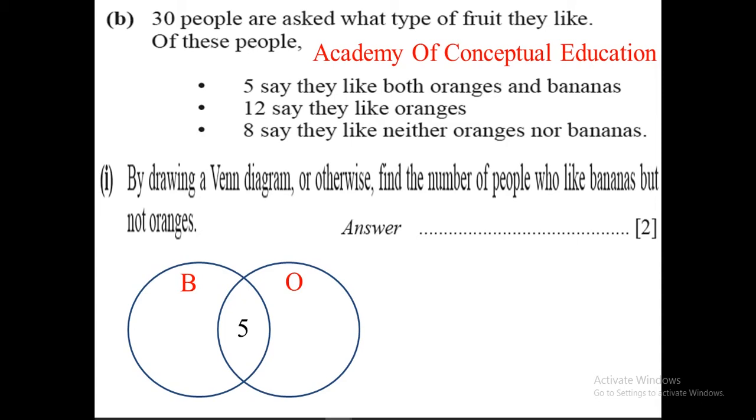Now 12 say they like oranges. It means the total number in circle O will be 12. So if we add 5 plus 7, it will be 12. 8 say they like neither oranges nor bananas, so we have to write 8 outside these two circles.